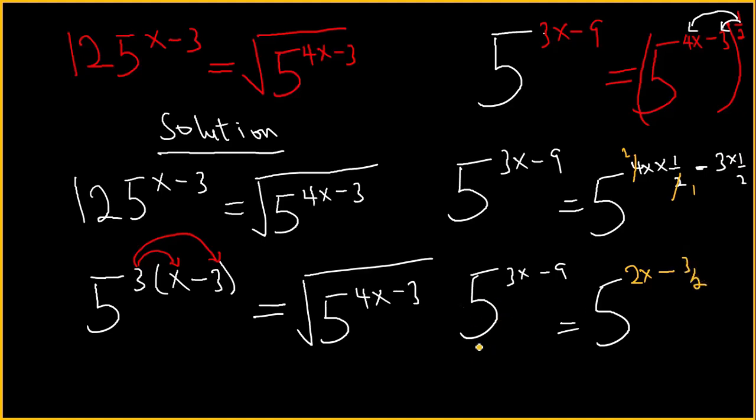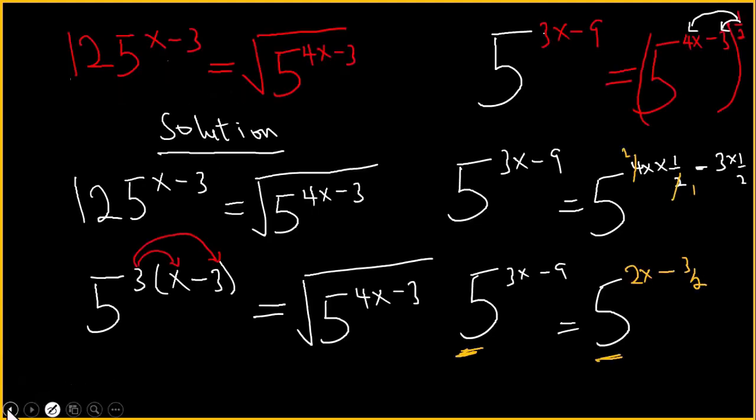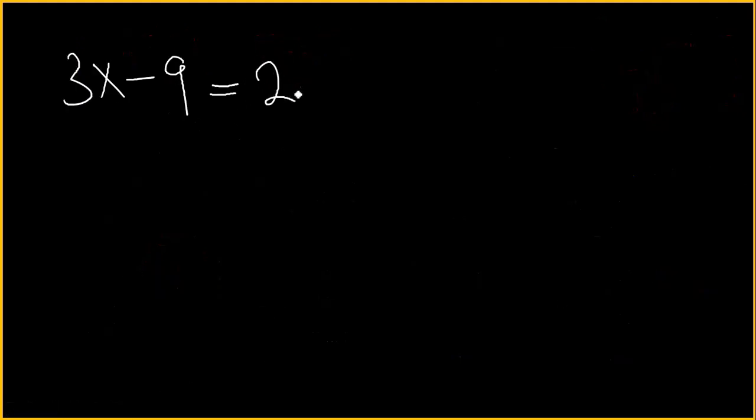And since the bases from this equation are the same, their exponents or index or power is equated. So we have 3x minus 9 equals 2x minus 3 on 2.